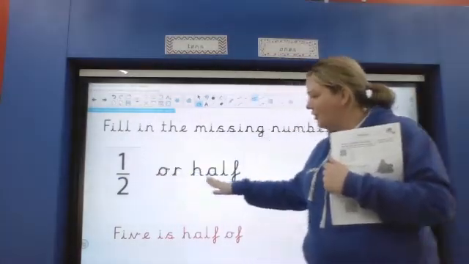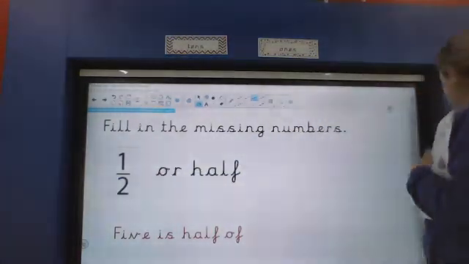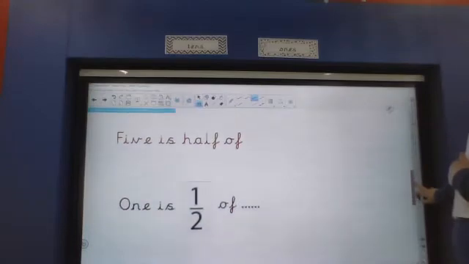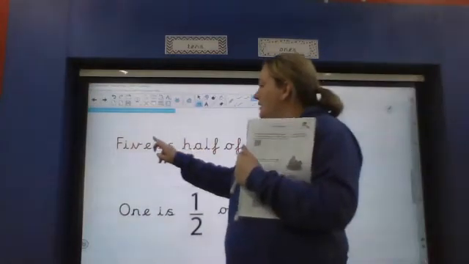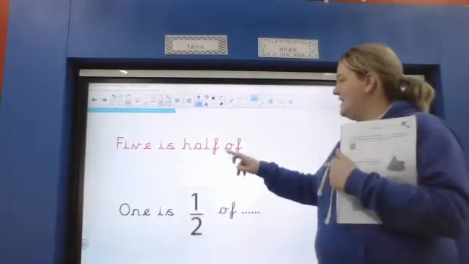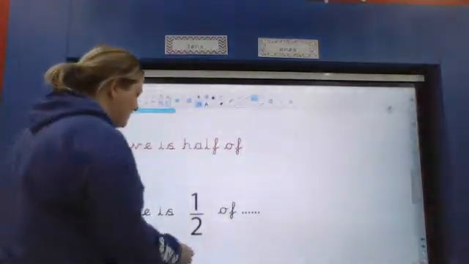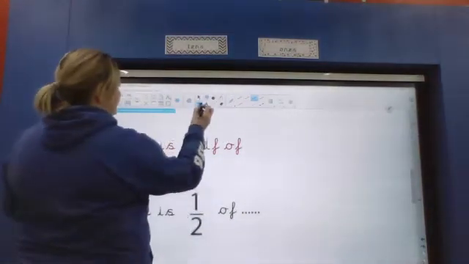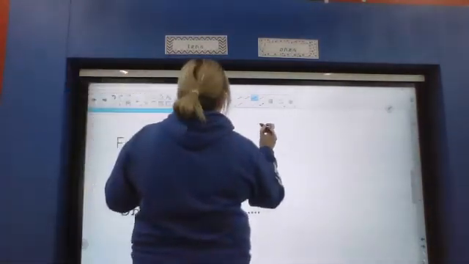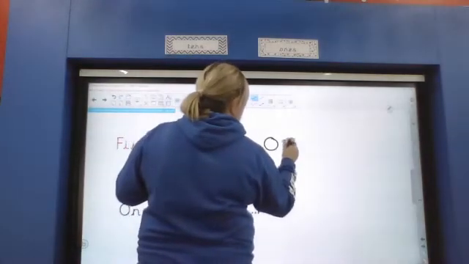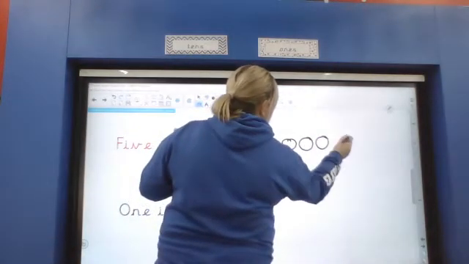So let's do this one together. 5 is half of, well, we don't know, do we? So we know 5 is half of, so let's draw 5 circles. 1, 2, 3, 4, 5.